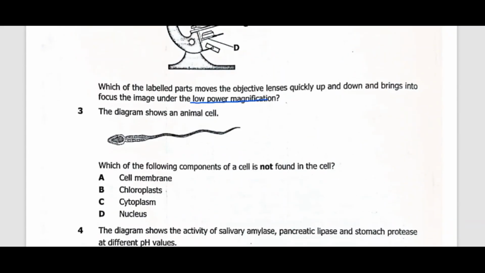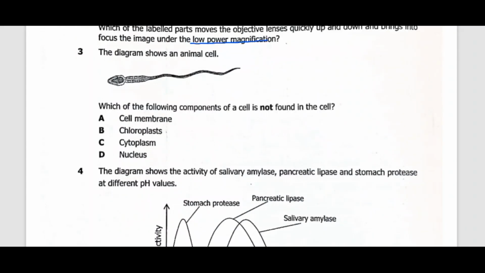Then we move on to question 3. The diagram shows an animal cell. So this is a sperm cell. From this sperm cell, which of the following components of a cell is not found in the cell? The first one, cell membrane, is there. Chloroplast, that is the answer.